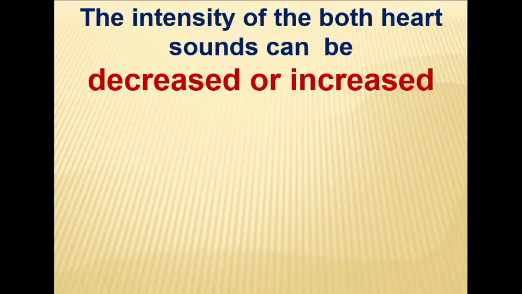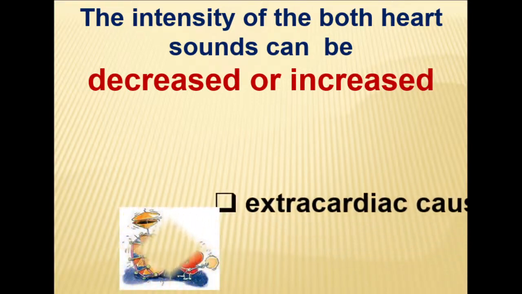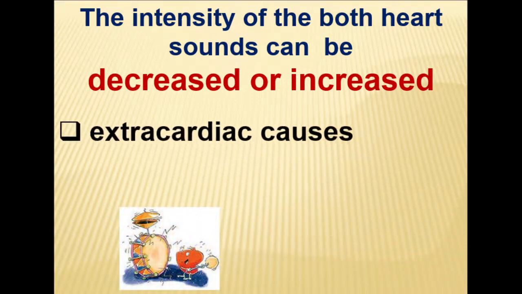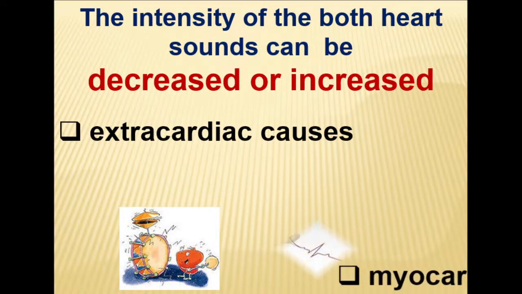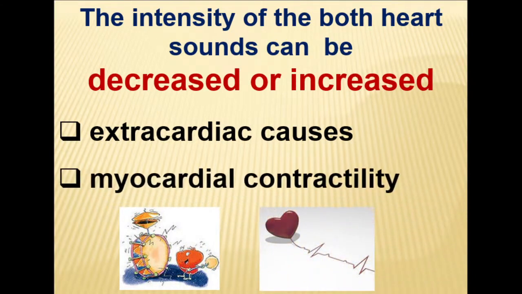We'll want to move the stethoscope away because of the very loud sound. The intensity of both heart sounds may be changed due to extracardiac causes or due to a problem with the heart. If it is a problem with the heart, the correlation between first and second sounds will be disturbed, most of all over the heart apex.